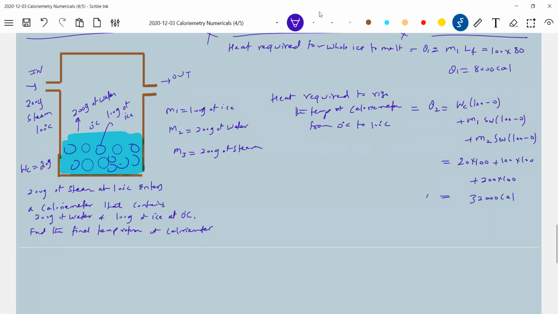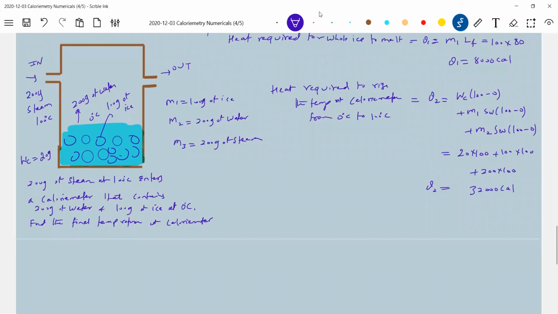Who should provide this? The condensation of steam. So we'll get into the next part: heat available if all the steam condenses. I'm just checking myself. Heat available when all steam condenses, I'll call that Q dash.